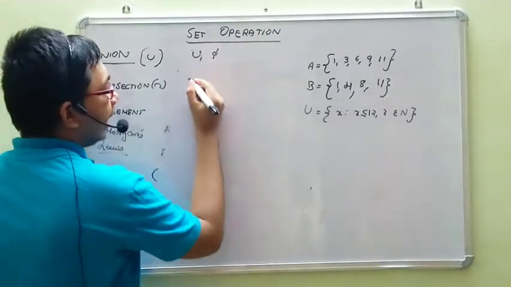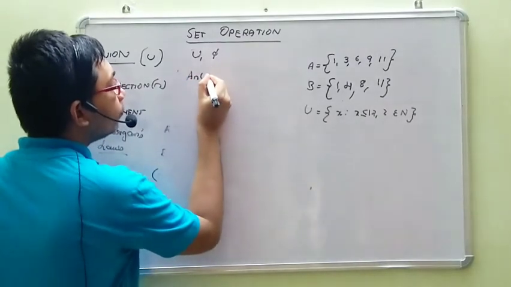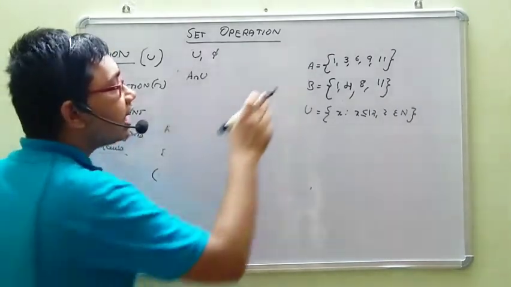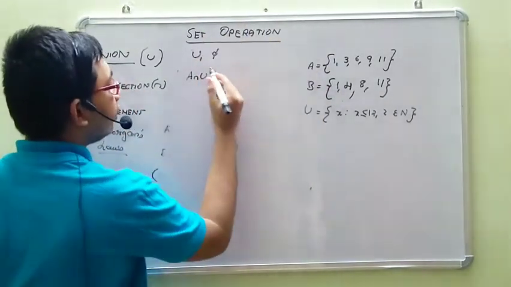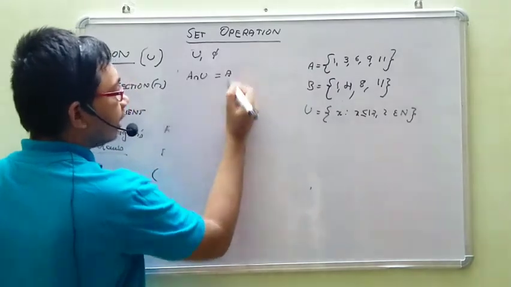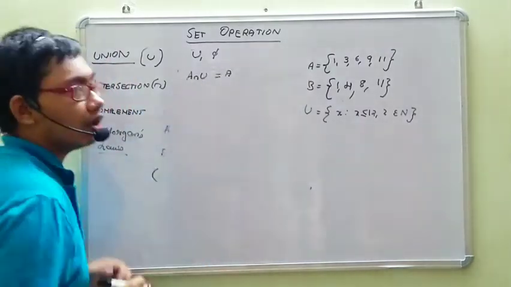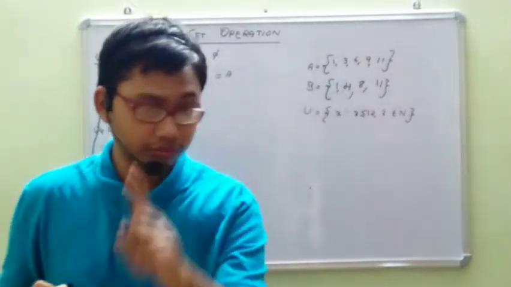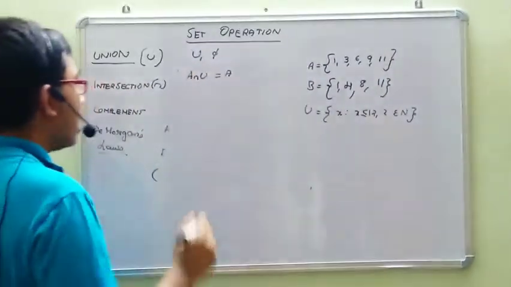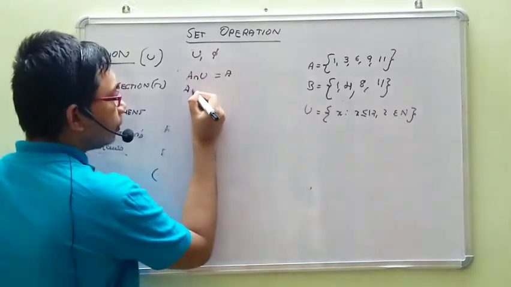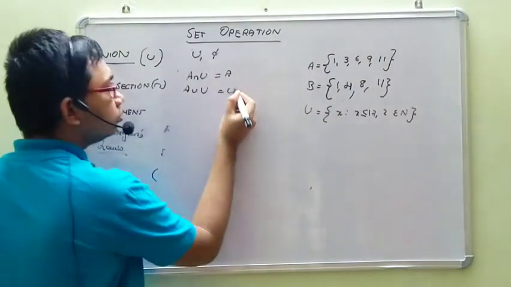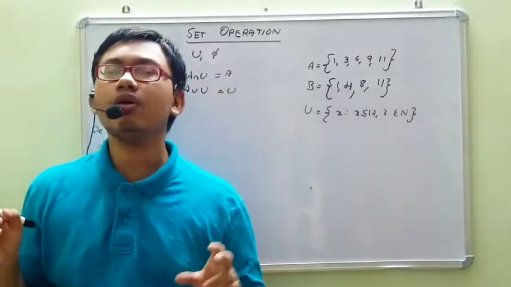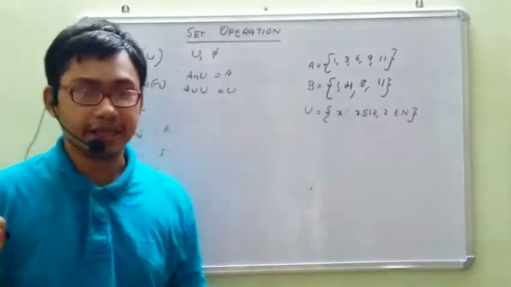Let us take A intersection U. It will naturally be A. U has every element, so A intersection U is equal to A. And A union U is equal to U. U has every element, so any union of its subsets will be equal to U.